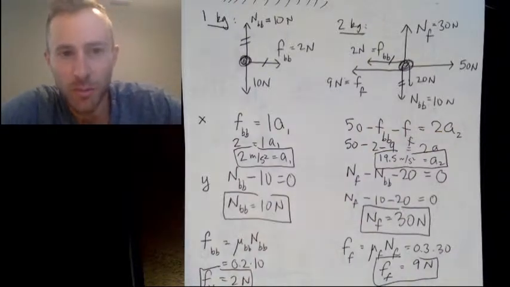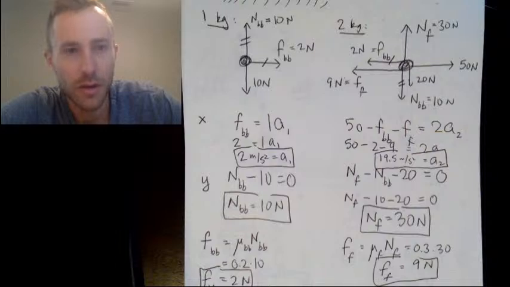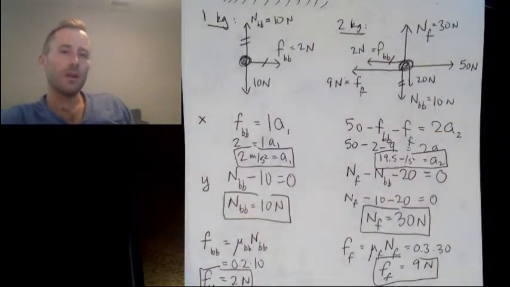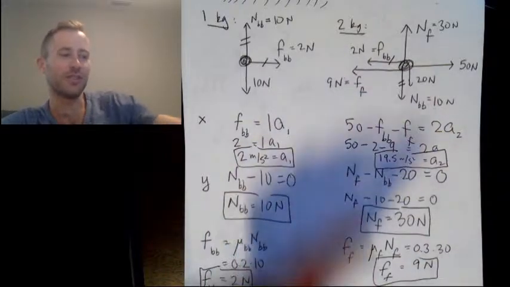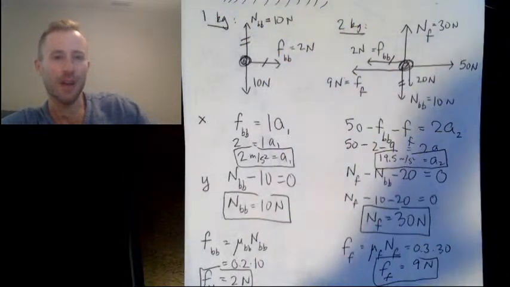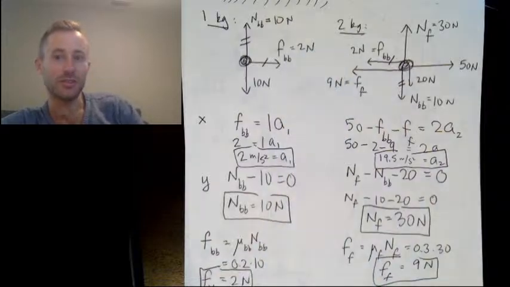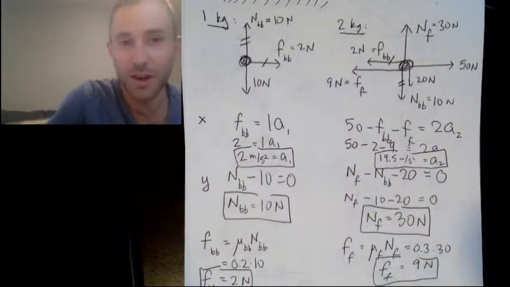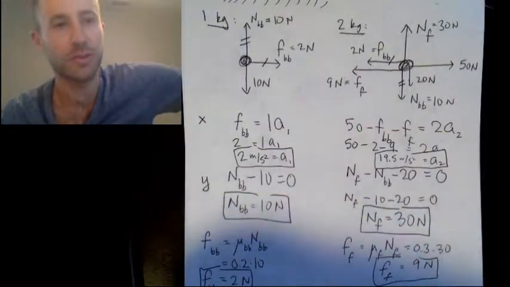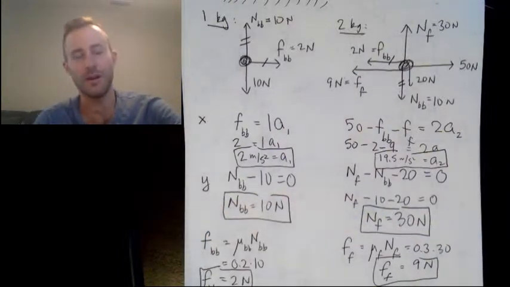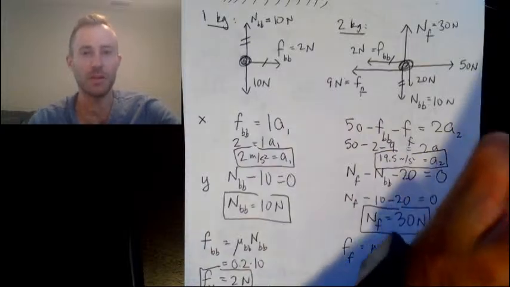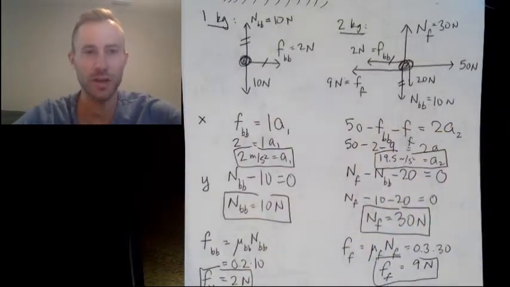And if you solve the problem without any sort of contradictions, then you've found the solution, okay? So if you say, assuming that this is kinetic friction and that's kinetic friction, I found a solution, and that solution is consistent, then you found the right solution. But if you get a contradiction, then that means one of your assumptions was incorrect, and you need to redo the problem, changing your assumptions about how the forces are behaving.